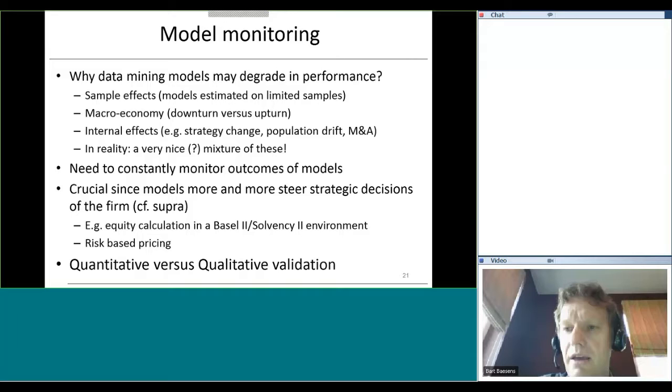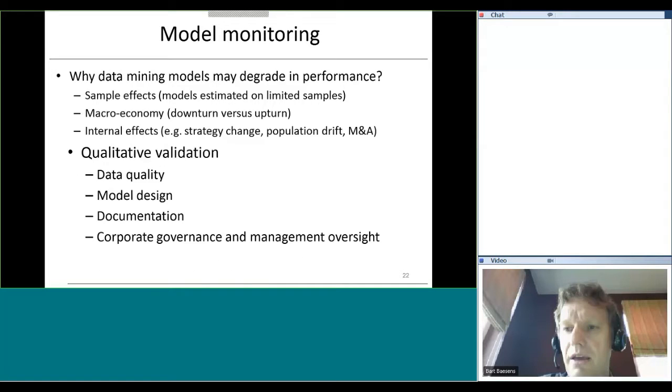Now, reality teaches us that usually we have a mix of all these effects, which seriously complicates our model monitoring exercise. Nevertheless, the model monitoring exercise is really crucial because the model outputs are going to directly serve to calculate our expected losses and our capital buffers. So we better make sure that we have appropriate model monitoring facilities put in place.